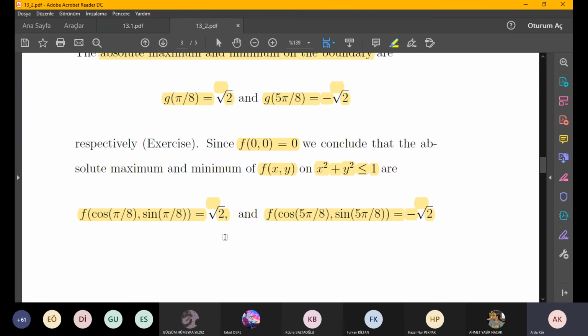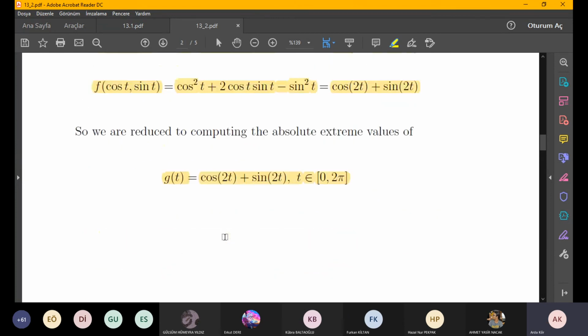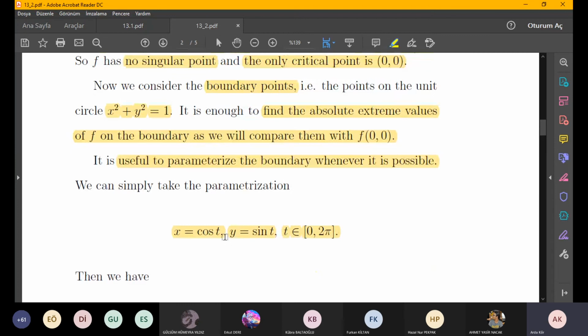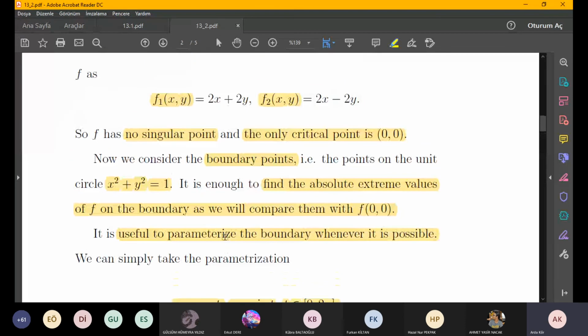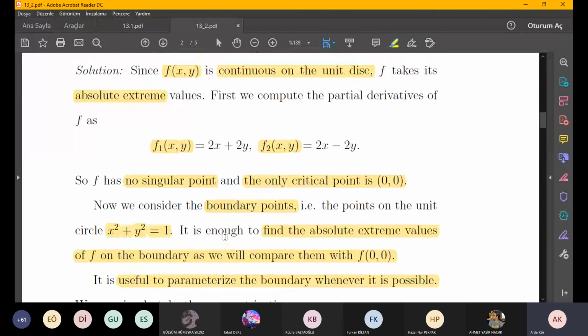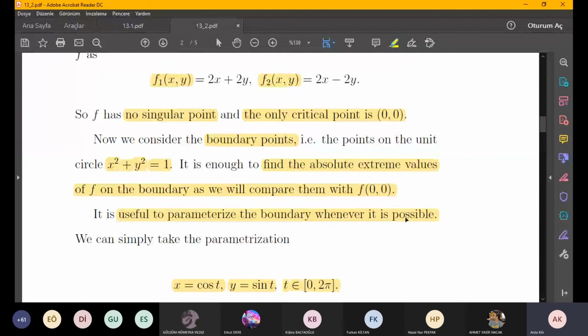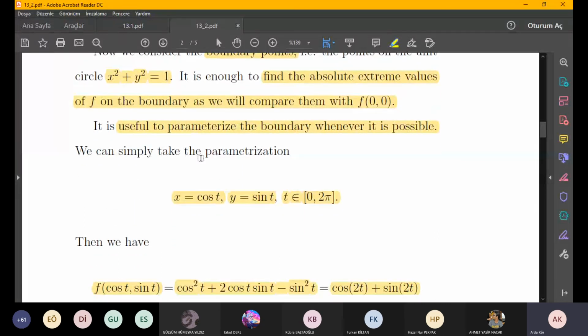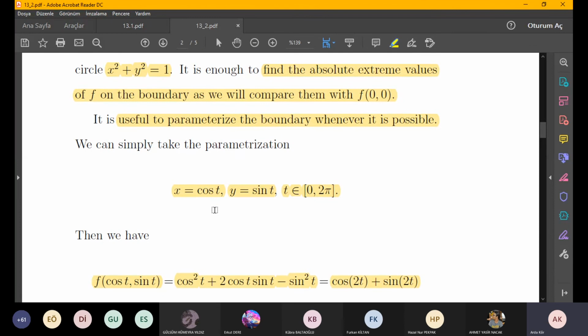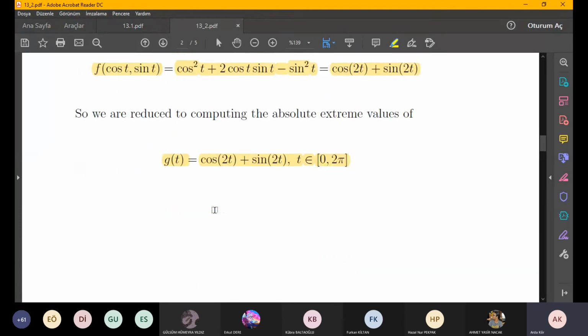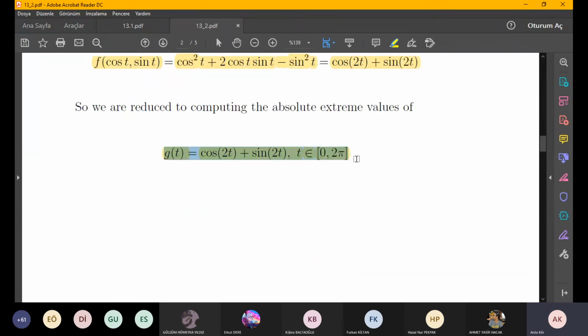So let's recap. The steps will be to find first the singular and critical points of the function. Then after that, you have to parameterize the function in terms of t, writing f as a one variable function, let's say g(t).